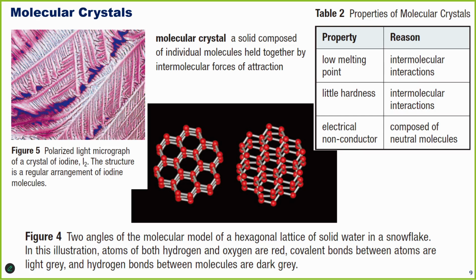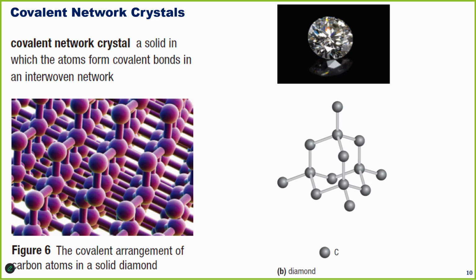Alright, next type of substances is called covalent network crystals. A covalent network crystal is a solid in which the covalent bonds between atoms form an interwoven network. Diamond, the hardest naturally occurring substance on Earth, is an example of a covalent network crystal.